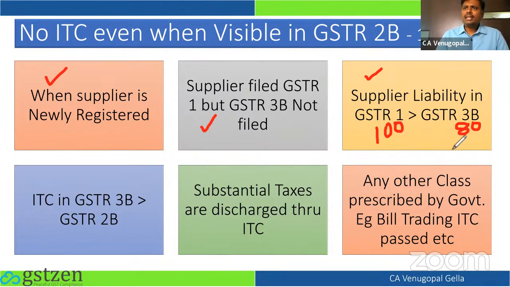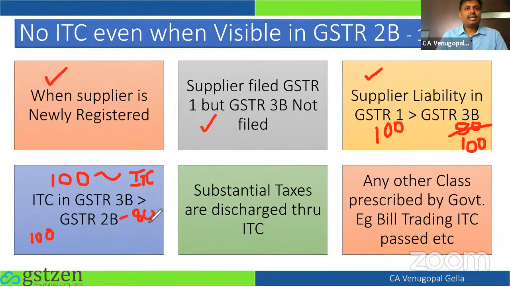For a moment, let us assume that he has shown 100 liability in R1 and 100 liability in 3B, and this 100 he has paid through input tax credit, either entirely or partly. However, the ITC which he has taken in 3B is higher. In 3B, I have taken an ITC of 100 rupees, while in my GSTR 2B, I have an ITC of 80 rupees.